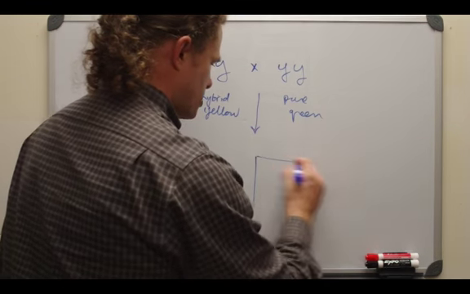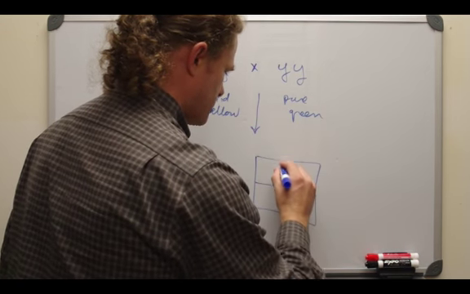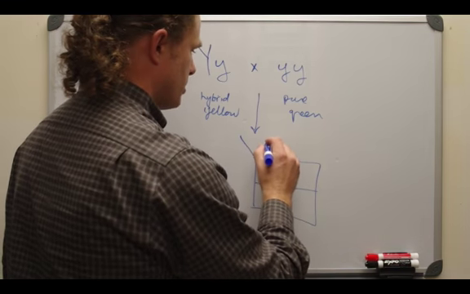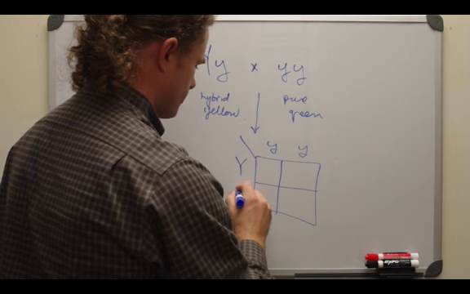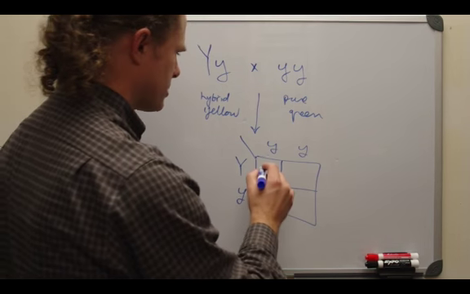So again, we can use a Punnett square to easily represent what we would expect in this case, putting the gametes from the one parent across the top, the gametes from the other parent down the side.